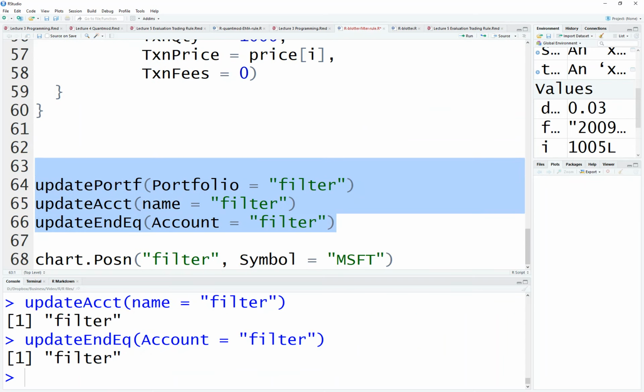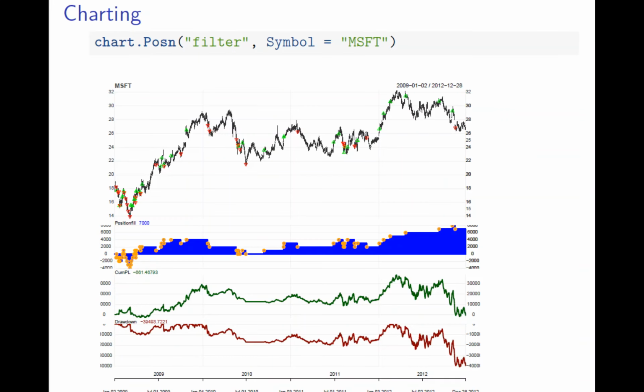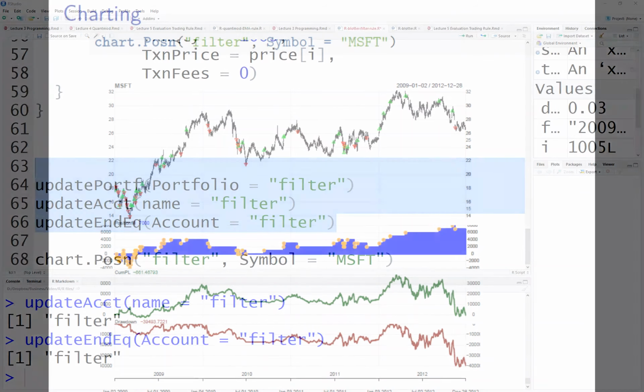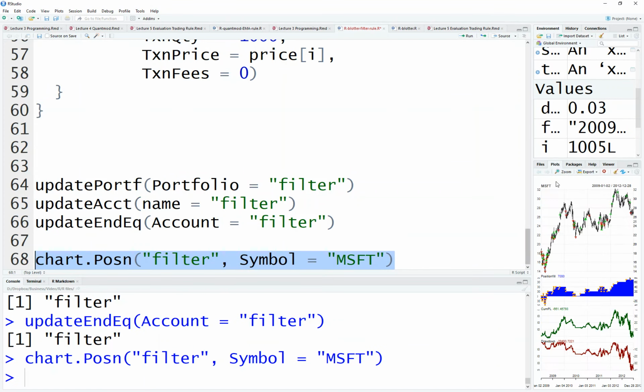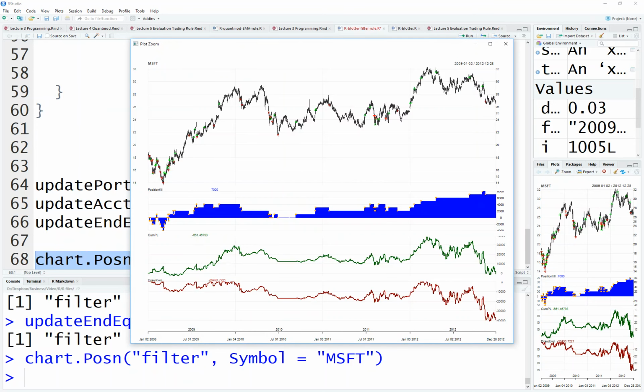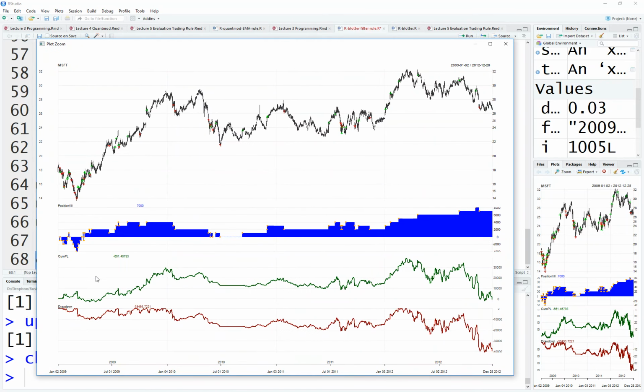Now we are ready to go to the last one. We plot and see how it looks, right? Let's plot this. You can see it's a pretty interesting one, right? The price goes up, down, and you can see even bigger moves. This is how the portfolio changes.